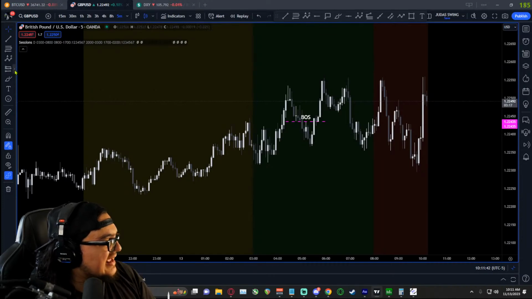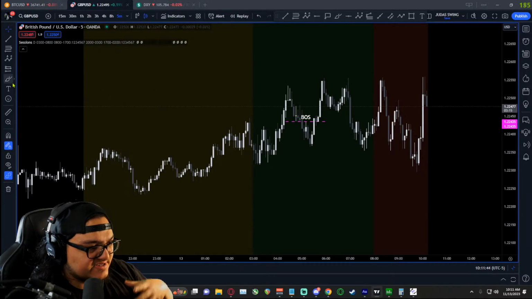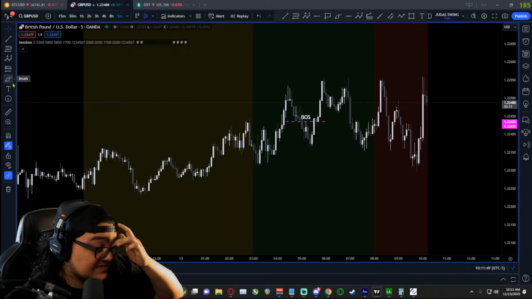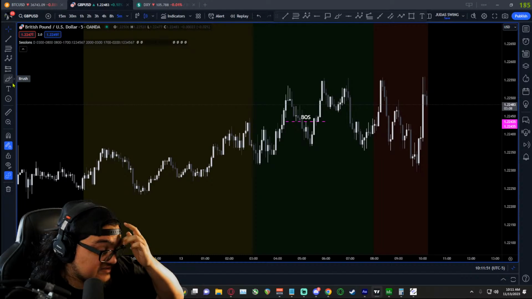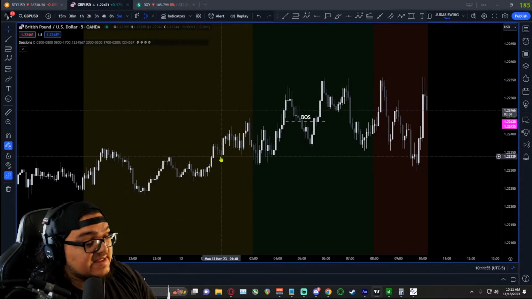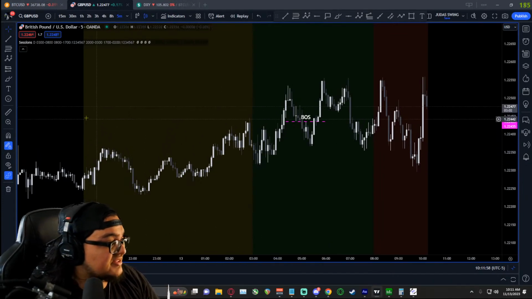So basically, now I've been messing around with a new entry method for this trading style. It's not 100% concrete that I'm doing at the moment, but it is something I'm experimenting with.